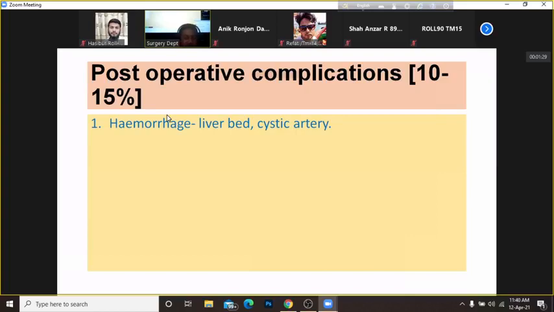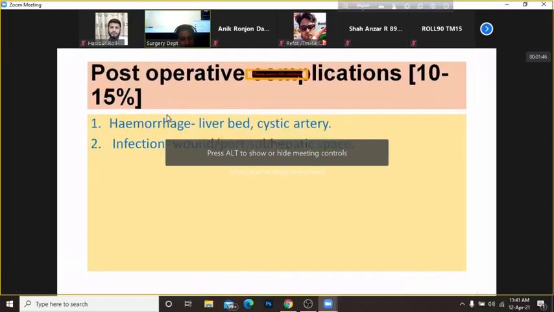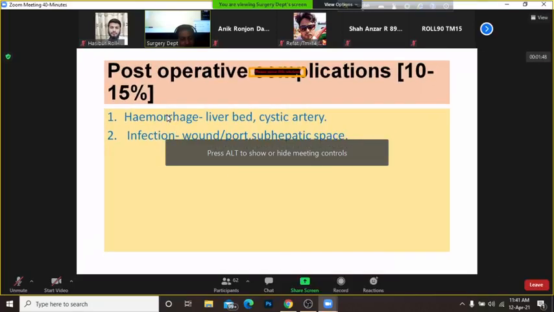Number two, infection, that is usually happening after open cholecystectomy, but after laparoscopic cholecystectomy, this is not the usual complication.